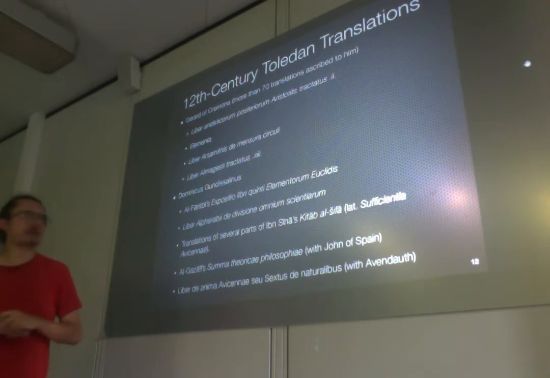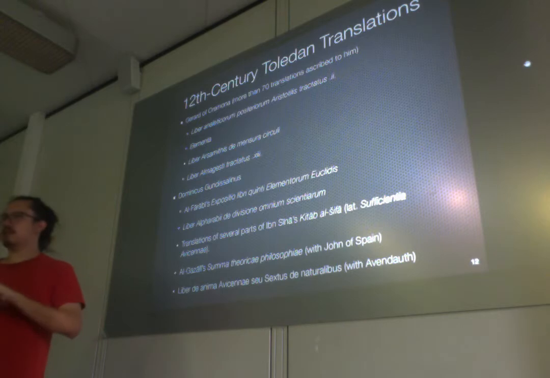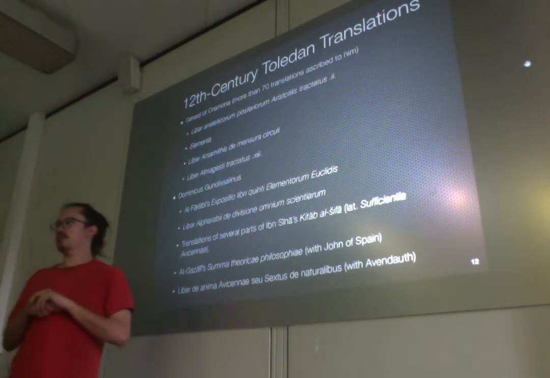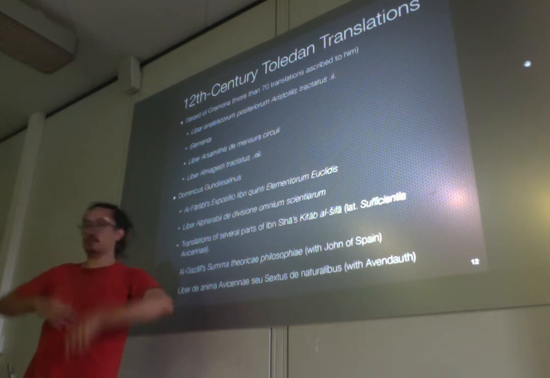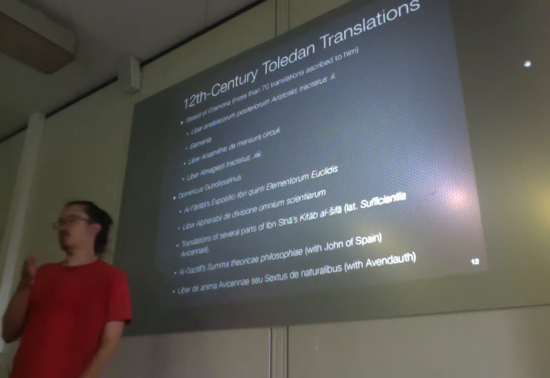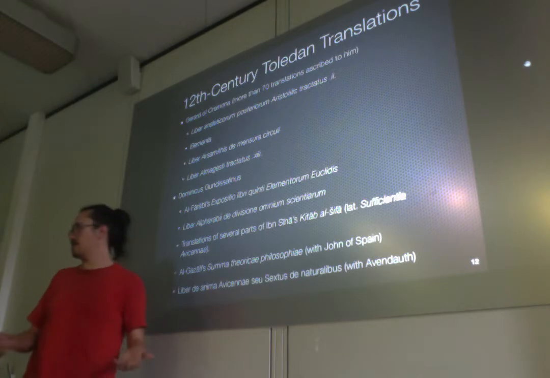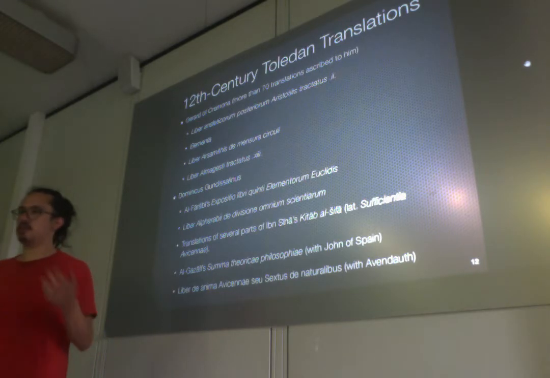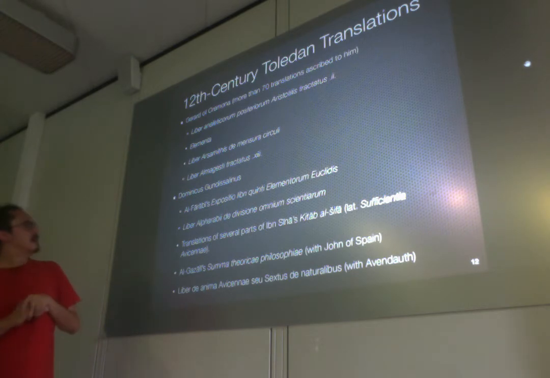It's a very long list, and there's a lot of work to do with Gerard's translations to identify them, perhaps to find some translations that may be attributed to Gerard, but that his disciples didn't write down, or something like that.